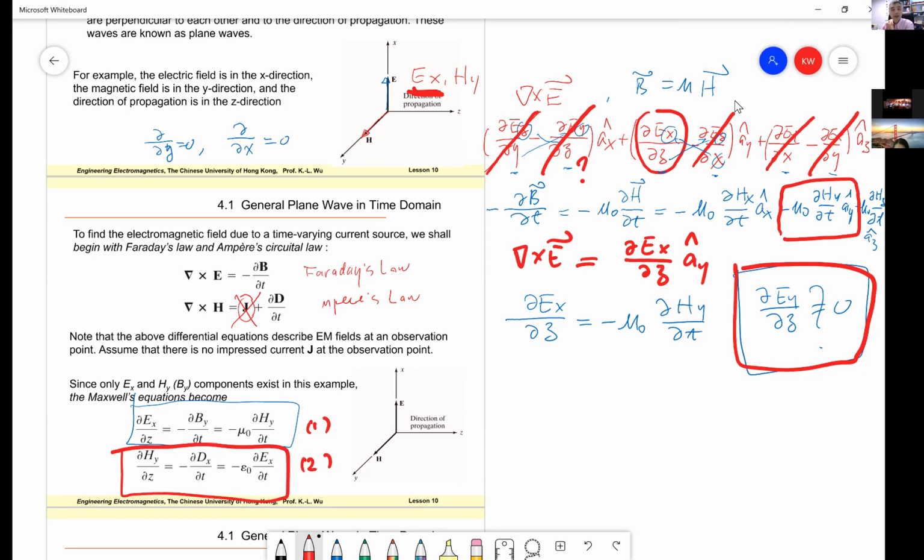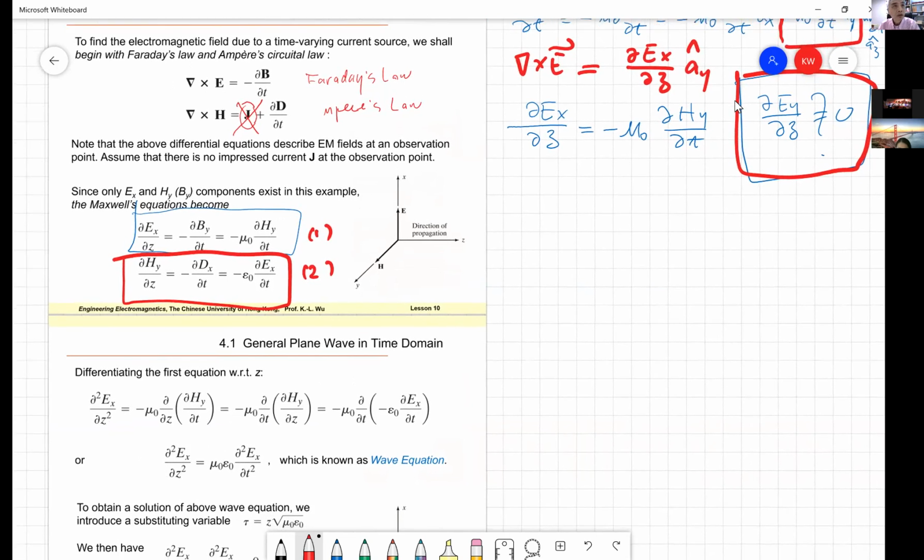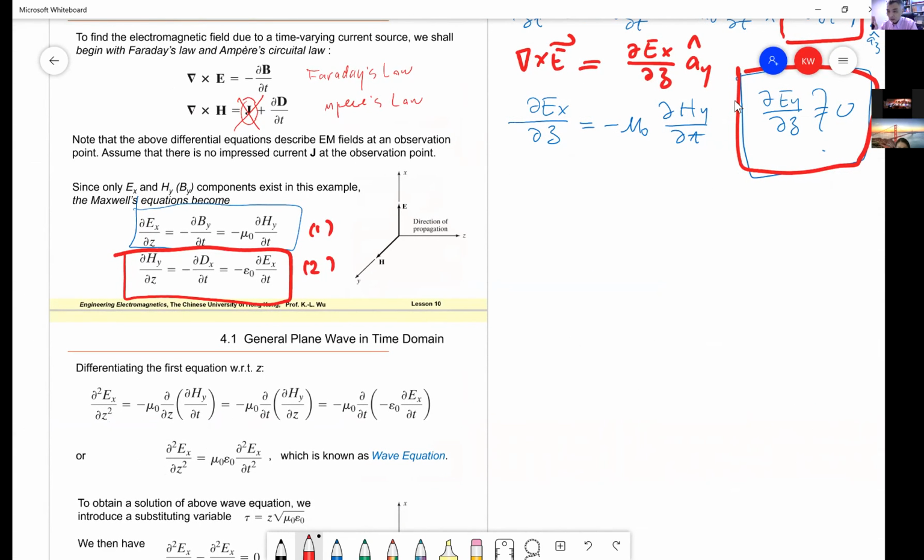And if I ask you, let's say I don't have an EX component, I have an EY component, then I have an HX component, can you find the solution? Of course you can. All right, let's continue.